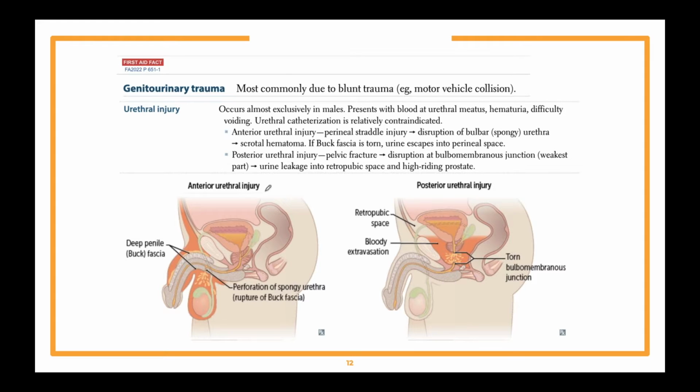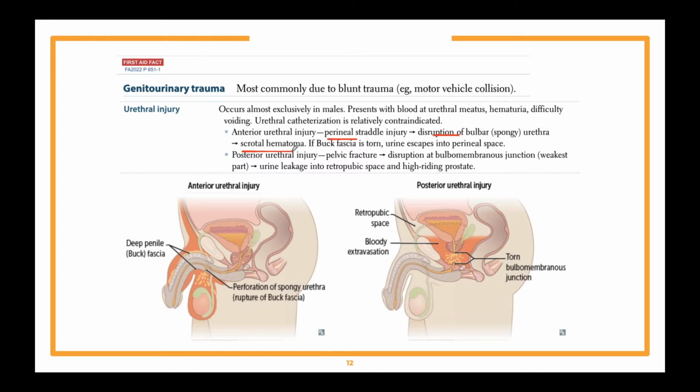Now this patient had a straddle injury, and as you can see there in that first aid table, this is likely going to result in an anterior urethral injury, essentially disruption of the bulbar or spongy urethra. And this can lead to a hematoma in the scrotum. Remember, our patient did have marked bilateral scrotal swelling. So this is most likely what is happening in our patient.